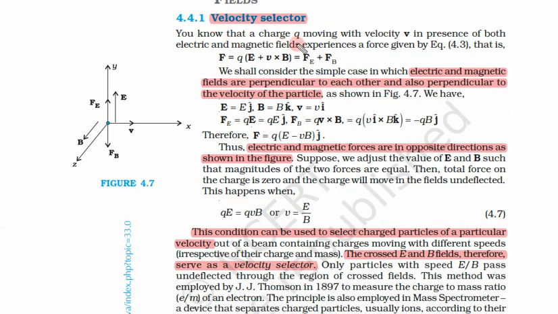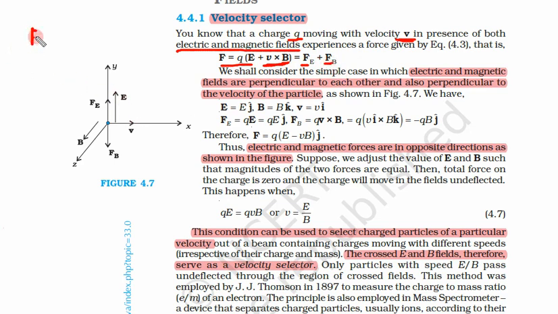You know that a charge q is moving with velocity v in the presence of both electric and magnetic fields. So it experiences a force. What is the force? F is equal to qE because of the electric field, plus the force because of the magnetic field: F = Fe + Fb.